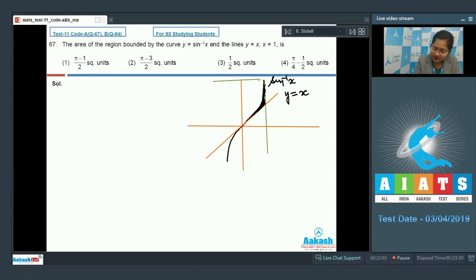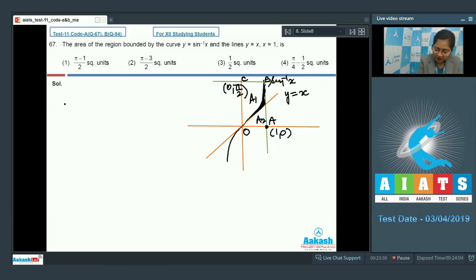Now, this line is y equal to pi by 2, right? That is, this point is 0 comma pi by 2 and this point is 1 comma 0. Now, to find this area, let us say these points are O, A, B and C. Now, to find the required area, let us firstly find the area of the rectangle OABC and subtract areas A1 and A2 from here, right?